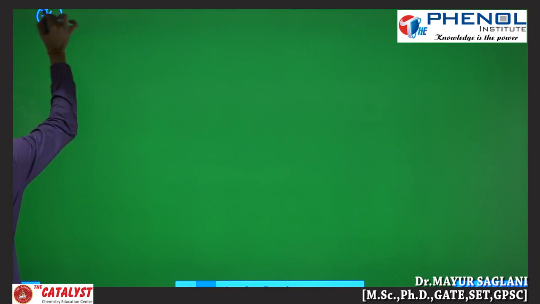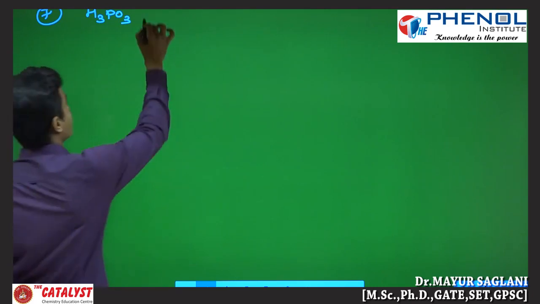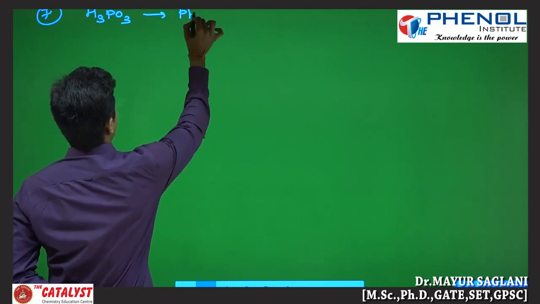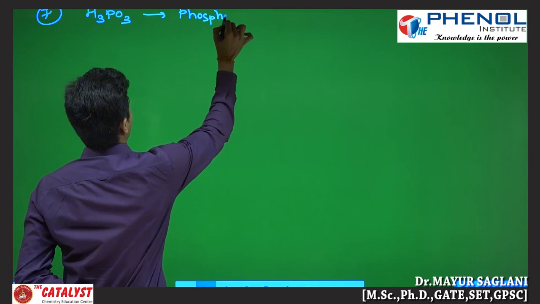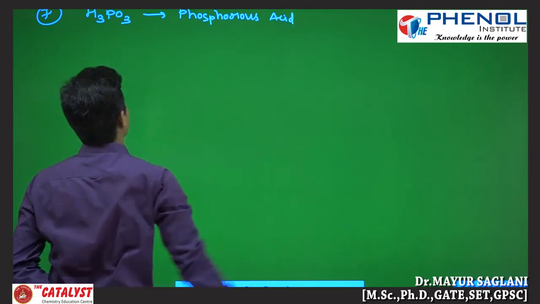The seventh acid, that is H3PO3. We have seen phosphoric acid. Now this one is the phosphorus acid, that is H3PO3.